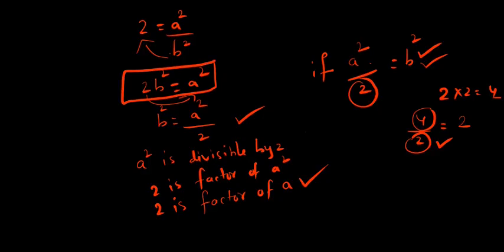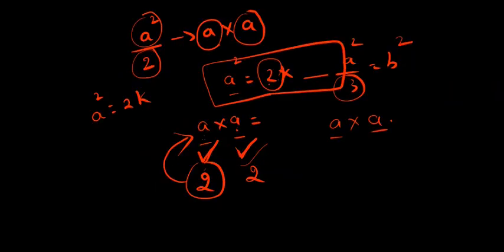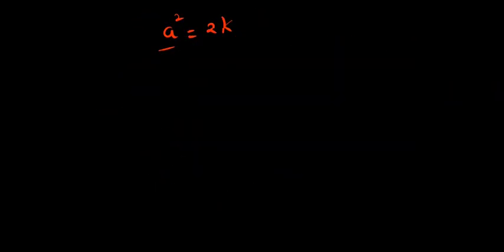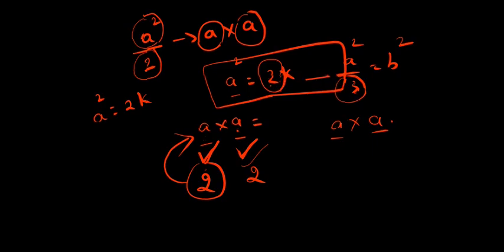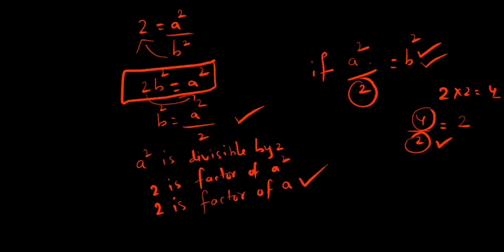Sorry, here not a square we have to take. See the previous one here. A square equal to 2 into some number, because 2 divides a square. But we know that 2 is a factor of a, that means 2 divides a also.